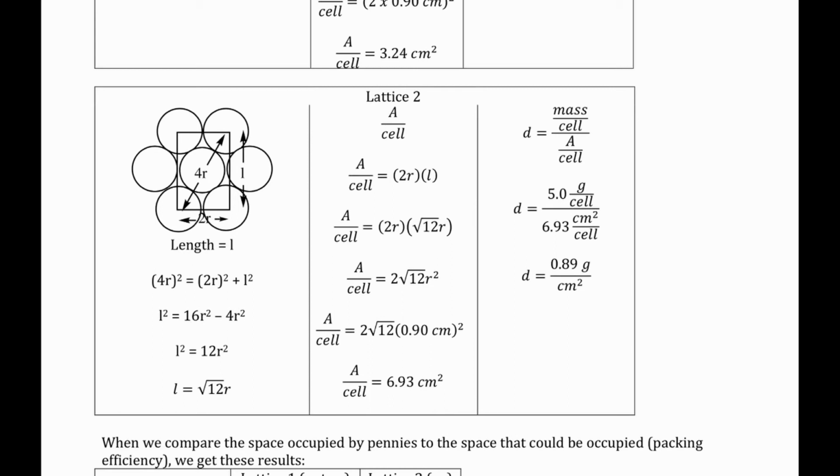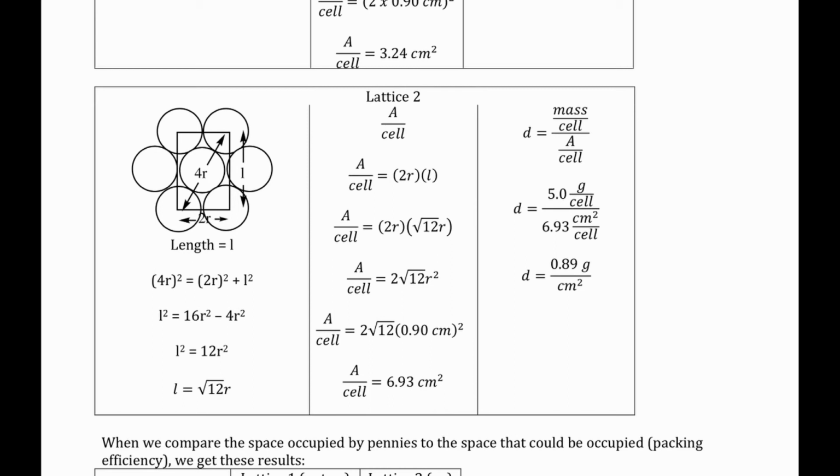Solving for L squared, L squared equals 16r squared minus 4r squared, or 12r squared. L equals the square root of 12 times r.